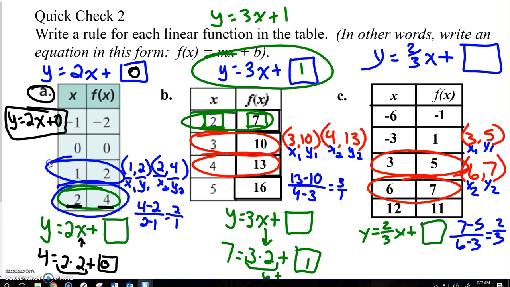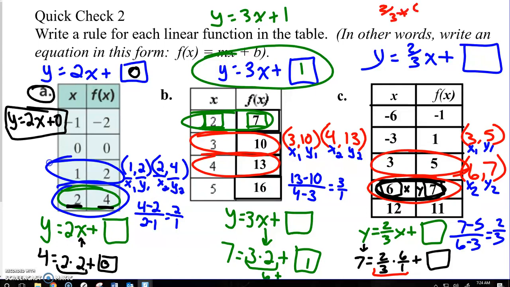So let's see, I've got y equals 2/3 x plus my y-intercept. I need to substitute a point. I'm going to pick this point. I know it's one I've already used, but I can use it again. 6 is going to be my x, 7 is going to be my y. So 7 equals 2/3 times, my x is 6, or 6 over 1, plus something. So I got to figure out what that something is. Well, first I'm going to do 2/3 times 6 over 1.